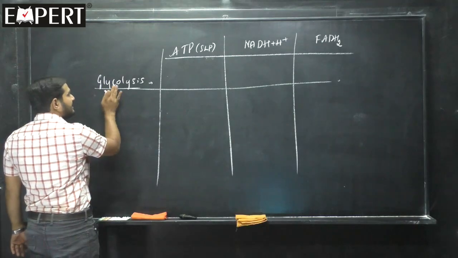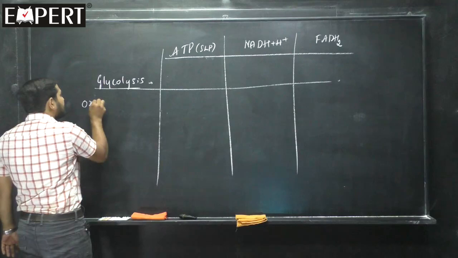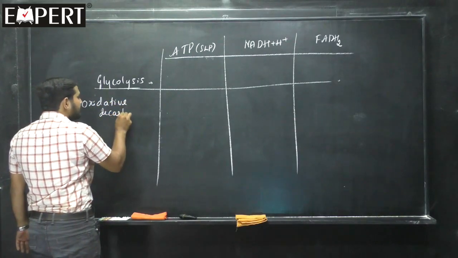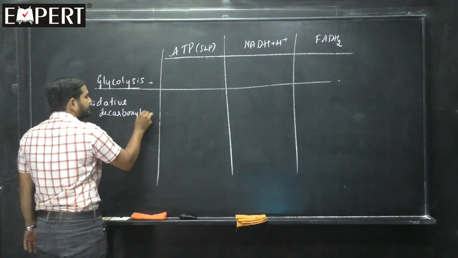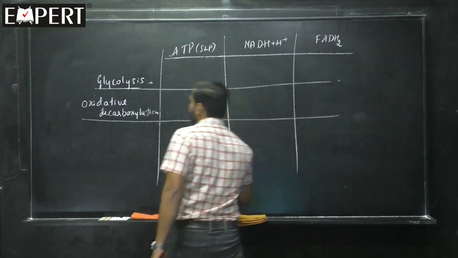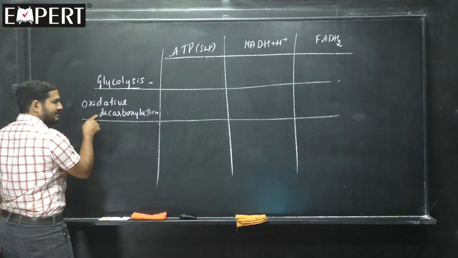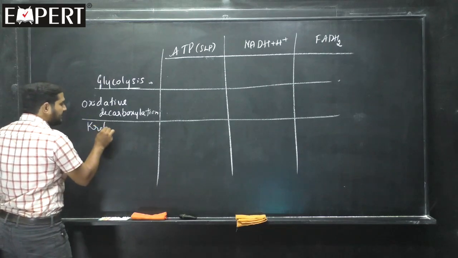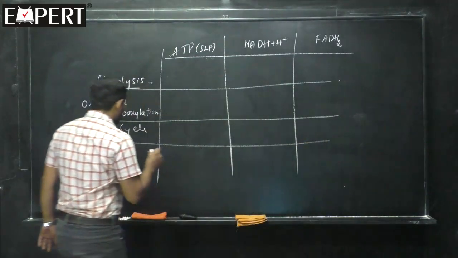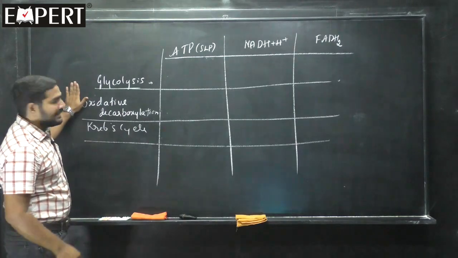The next one is the oxidative decarboxylation, and then the Krebs cycle. So let us go for totaling later.